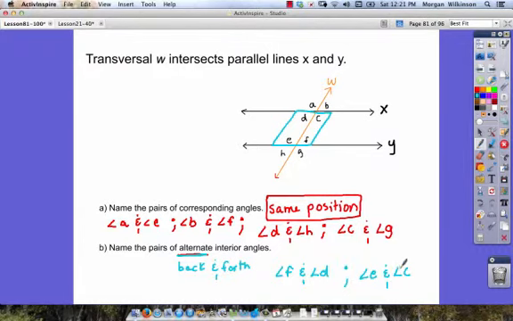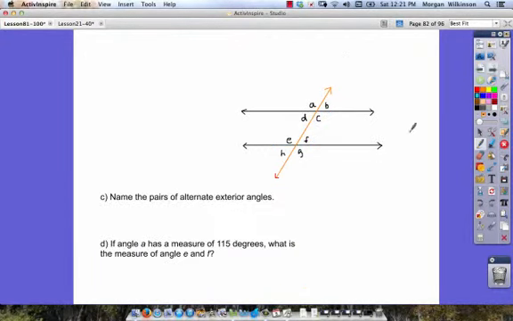Now we've got our answer. That's all we need to do when we're looking at alternate interior angles. Let's move on to our next example. Our next example is actually using the same picture. Problem C says, name the pairs of alternate exterior angles. Alternate means back and forth. Exterior means on the outside.